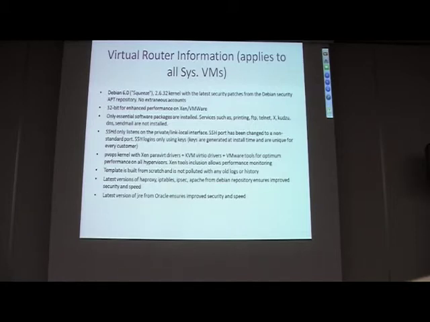The latest versions of HAProxy, which is a software load balancer, iptables, IPsec, and Apache from the Debian repository are put on, and the latest Java runtime is put on there. What we can run on it is basically load balancing, static NAT, port forwarding, and we also have site-to-site and remote access VPN running on it.